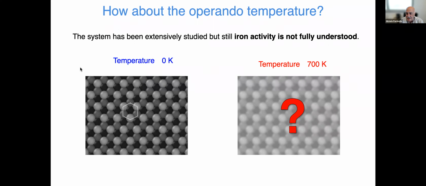But the difficulty is that this process takes place at 700 Kelvin, at high pressure. So are we sure that what goes on at 0 temperature is the same as what happens at 700 Kelvin? That's the big question.